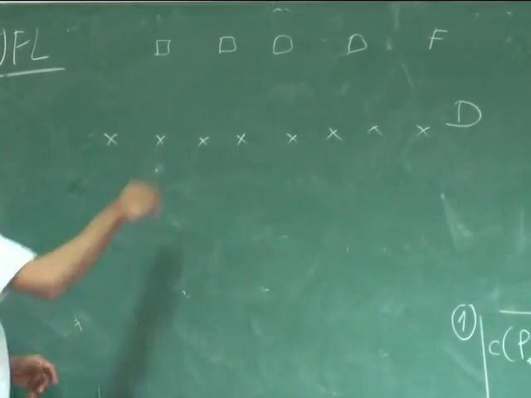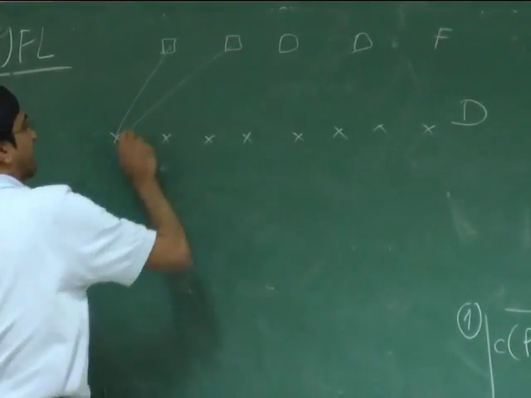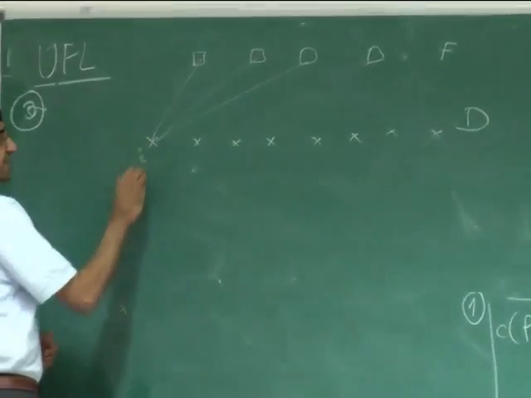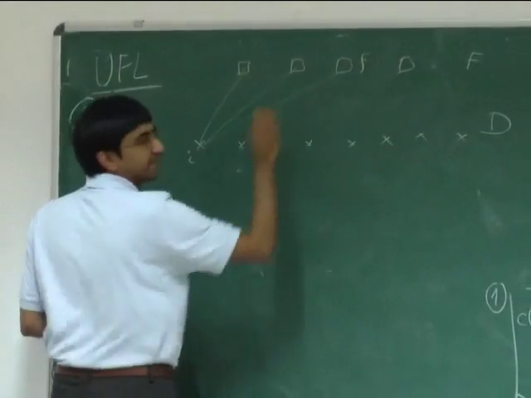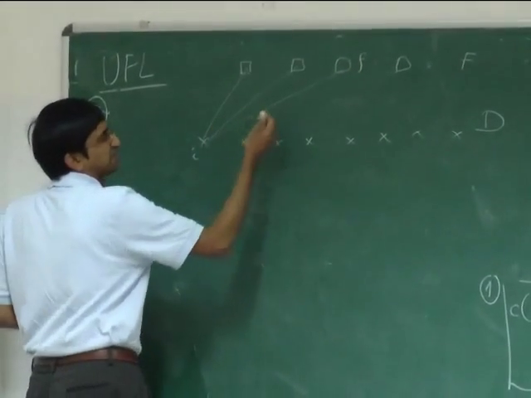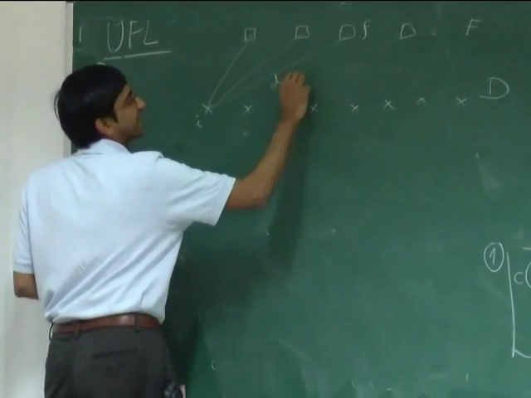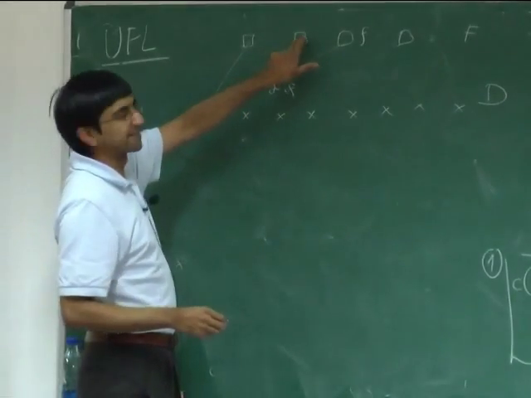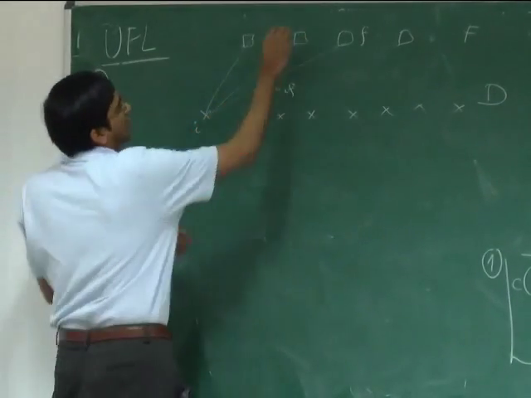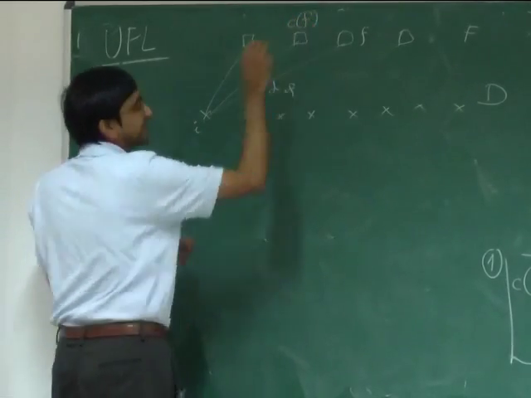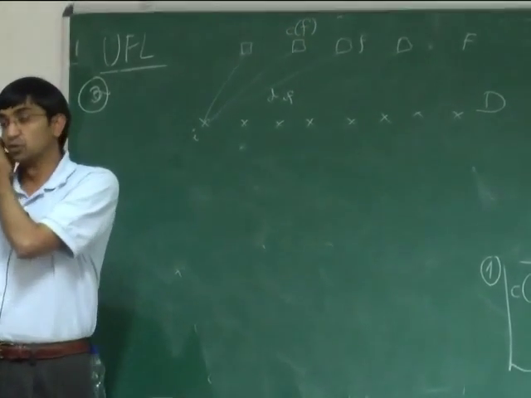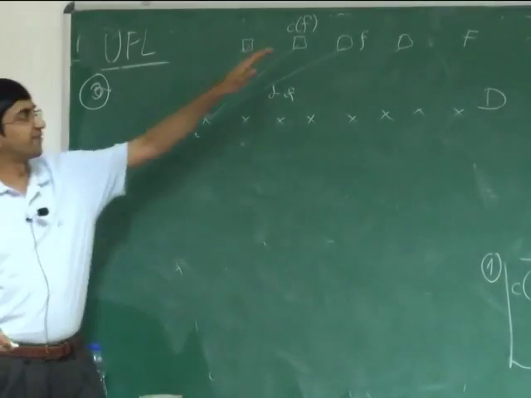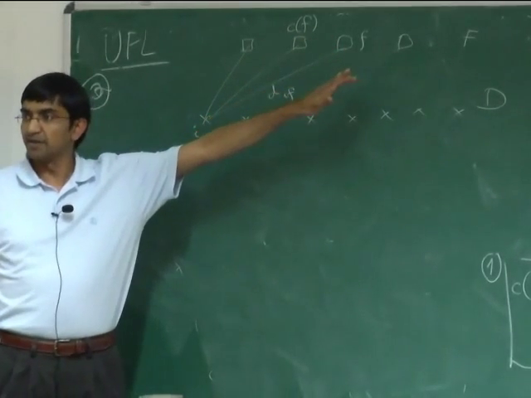On every edge in this complete bipartite graph, there is a cost for going from client i to facility f. Let's just call it distance, d_if. And for every facility, there is a cost of opening that facility. We have to find a minimum cost set of facilities to open.